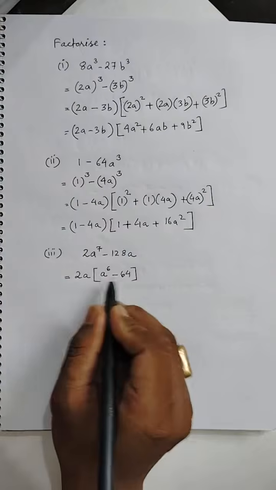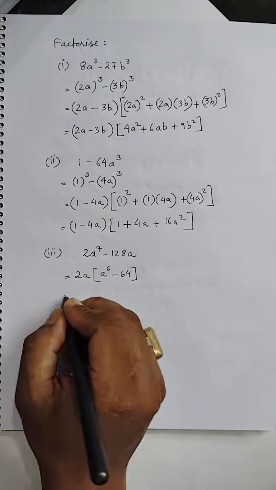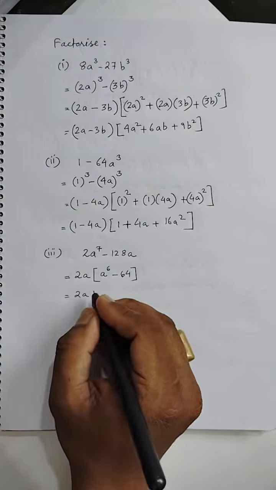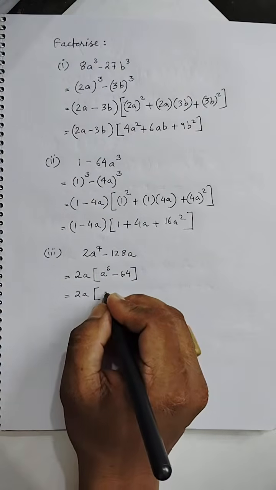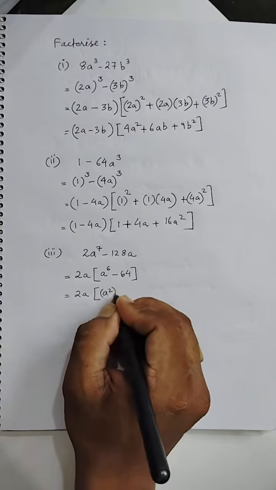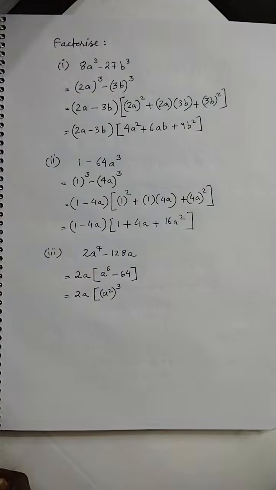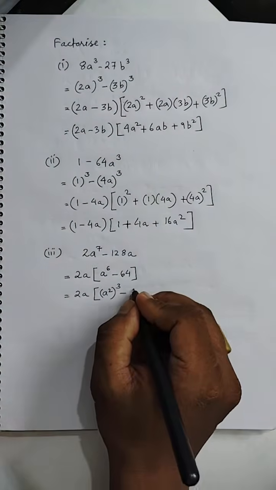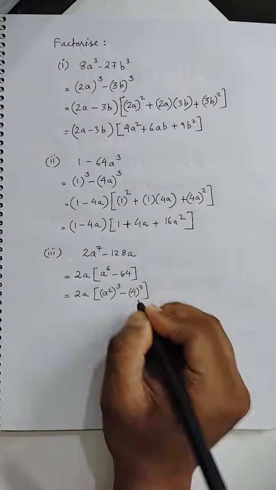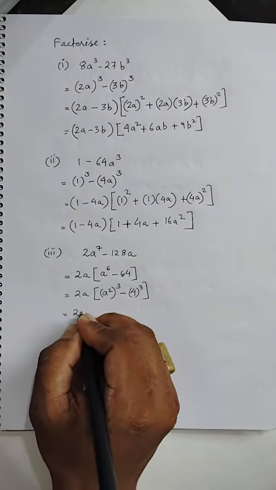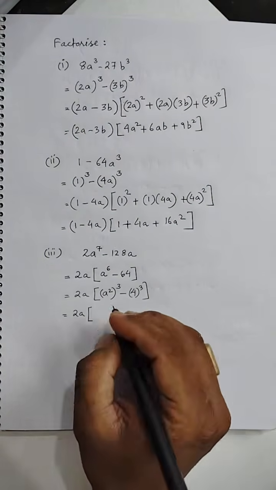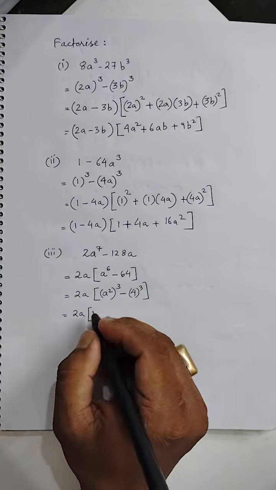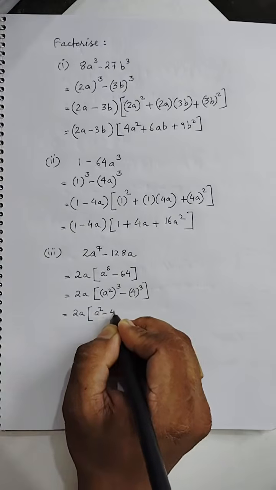Okay, now these two terms can be written in the form of cubes. So how can we write? We can write a to the power 6 as a square whole cube. Okay, and then 64, as we have already seen, can be written as 4 whole cube, is it? So 2a, we'll have a square, since this is an identity with the negative sign, we'll have a square minus 4.